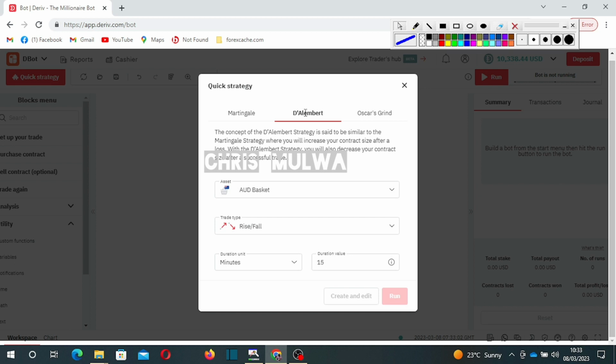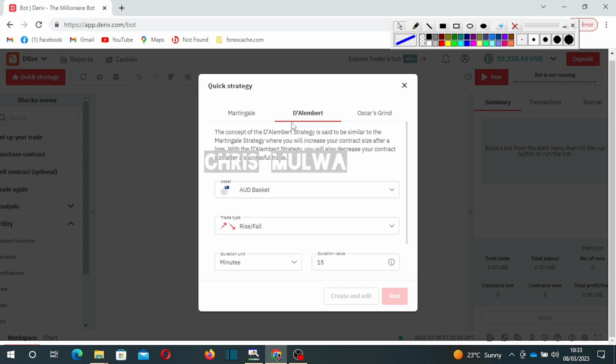was introduced. In this case, with the loss, the stake increases like the Martingale, but after you win, the stake decreases. Such that when you win, the stake reduces, the contract reduces.